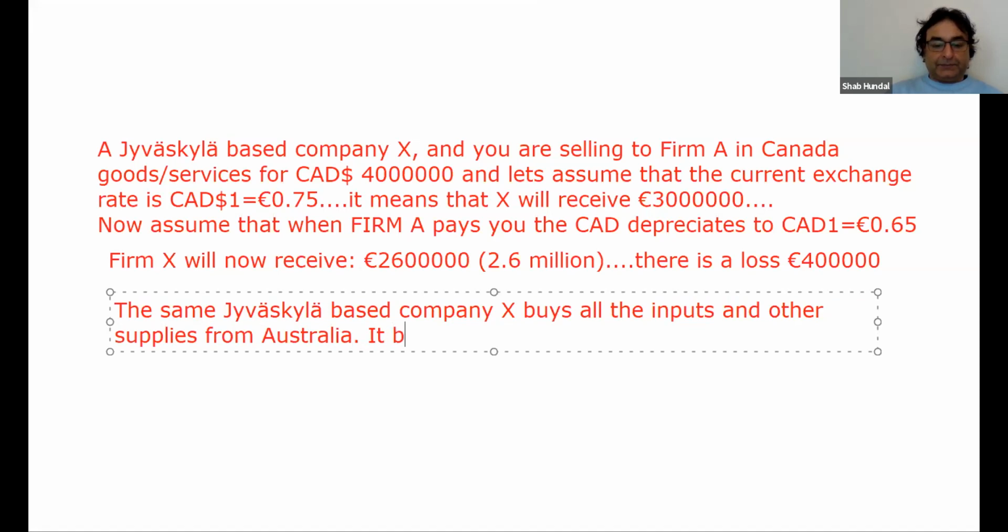It buys worth Australian dollar, let's say 3 million.